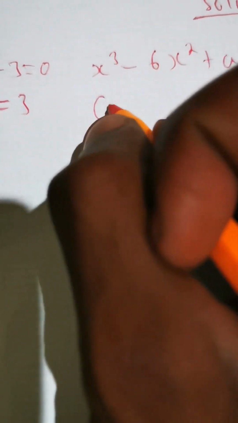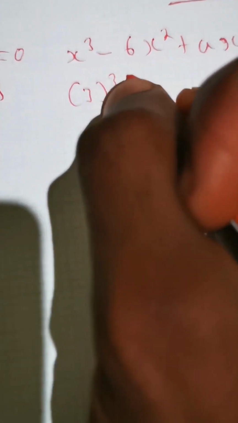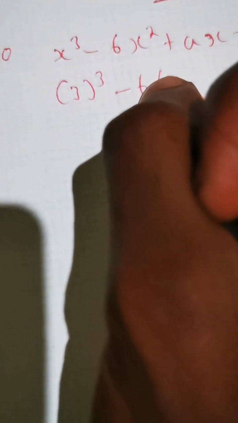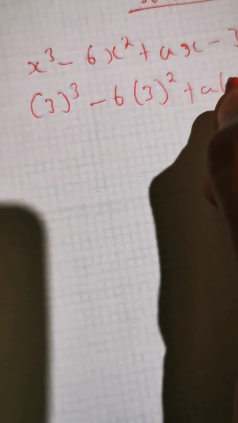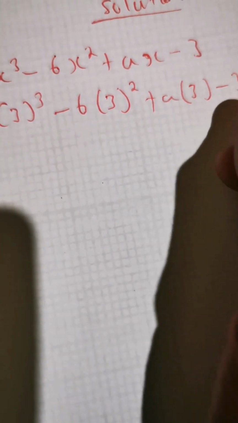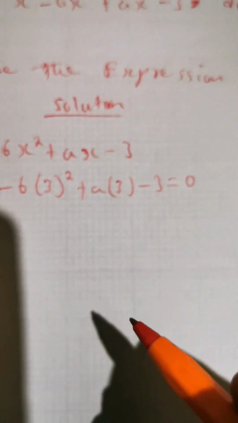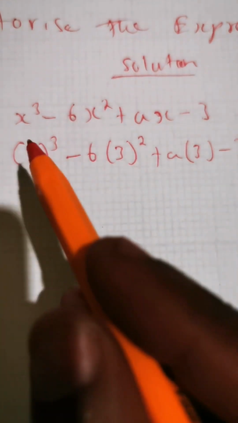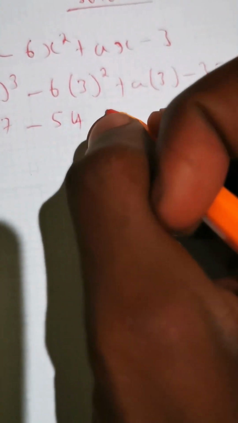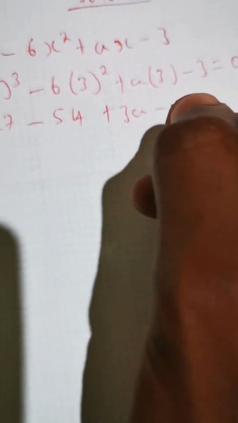So I'm going to say 3 cubed minus 6 times 3 squared plus a times 3 minus 3 is equal to 0. Then you multiply here to give you 27 minus 54, plus 3a minus 3 is equal to 0.